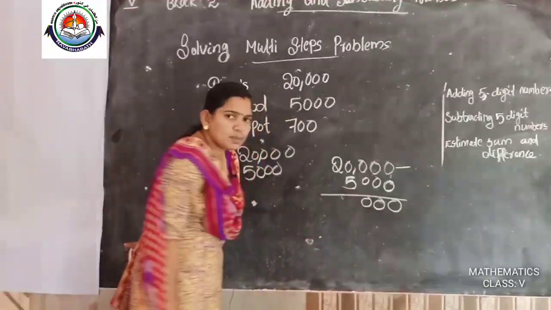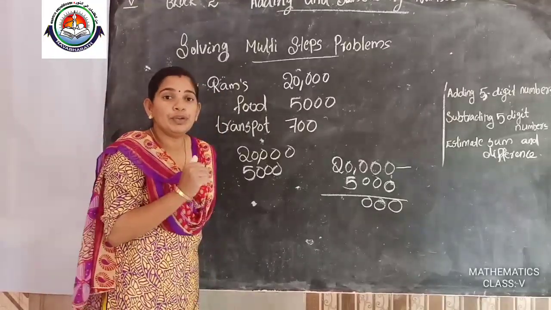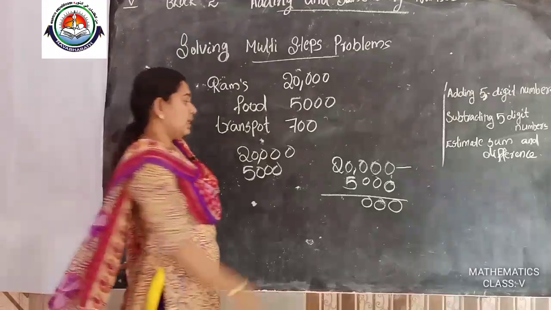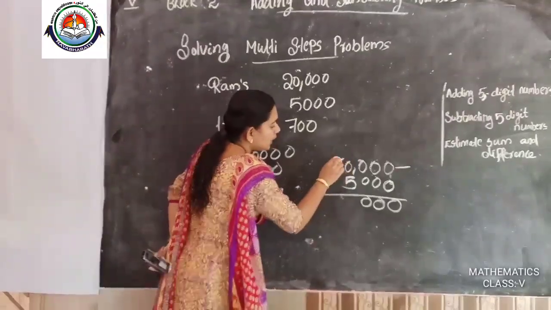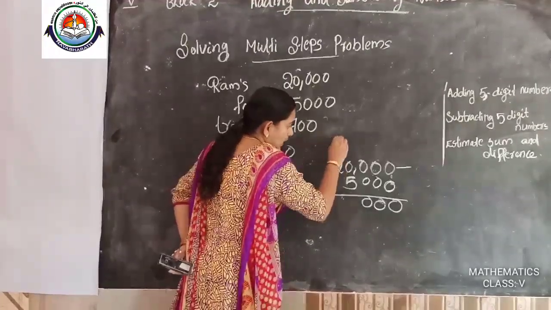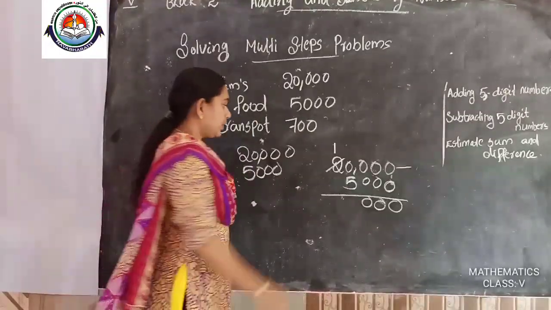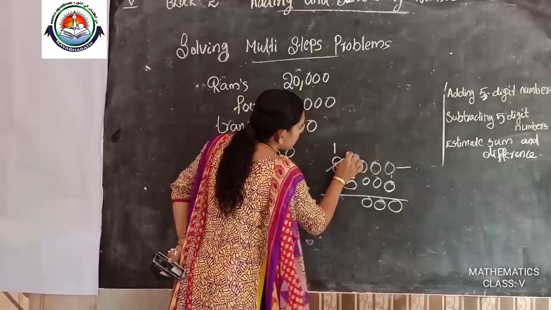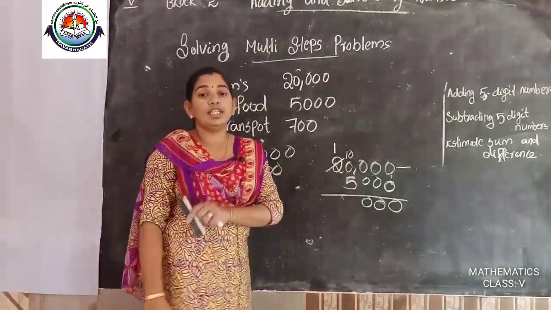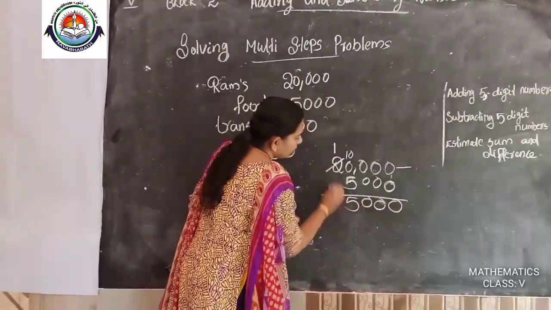Then 0 minus 5, is it possible? No. Then what do we do? We borrow 1 from the next place. We take 1 from 2, and 1 is remaining. The borrowed 1 becomes 10. 10 minus 5 is 5. Then 1.